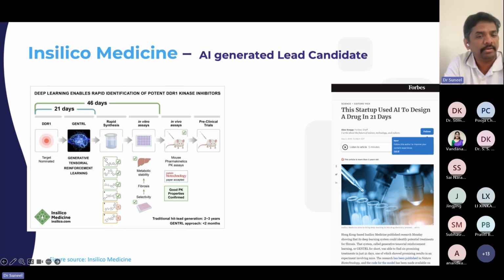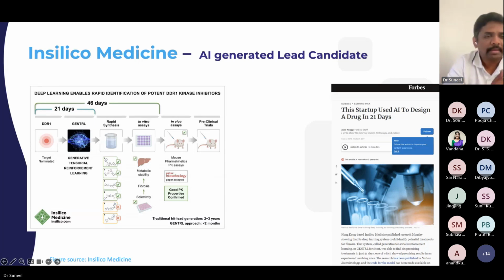They identified not only a nanomolar potent compound, they also came up with a great profile in the in vitro and in vivo assays. That molecule has good drug-like properties that can be translated into a preclinical candidate.